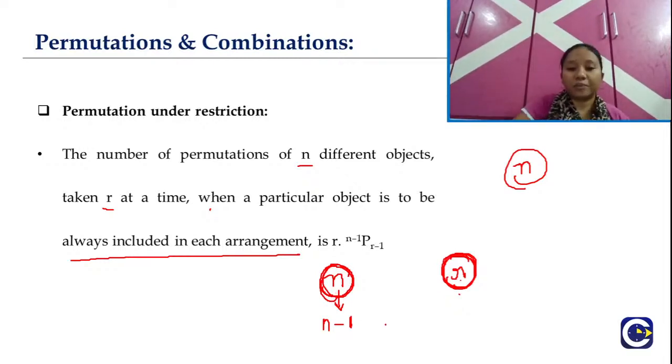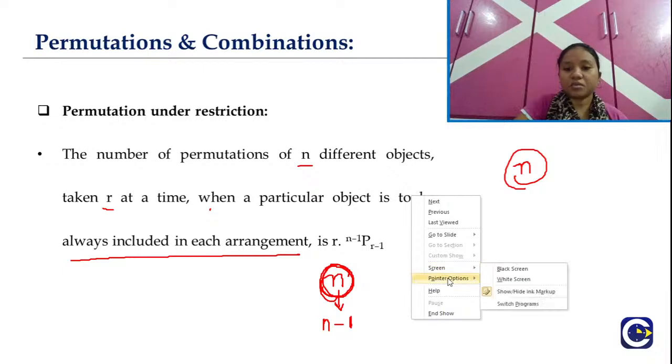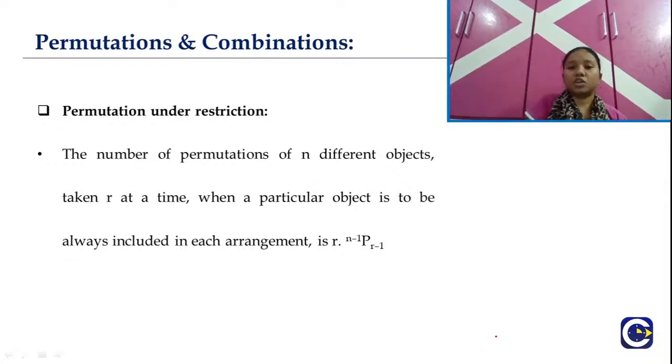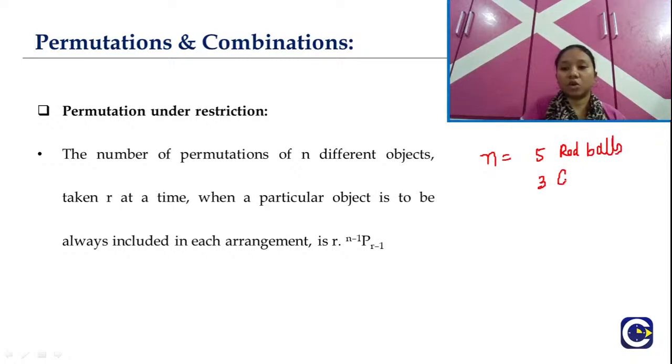So let me keep it this way. Let's just have an example. Suppose I have 5 red balls and 3 green balls. So total how many n will I have? Total 8 balls I'll have here.